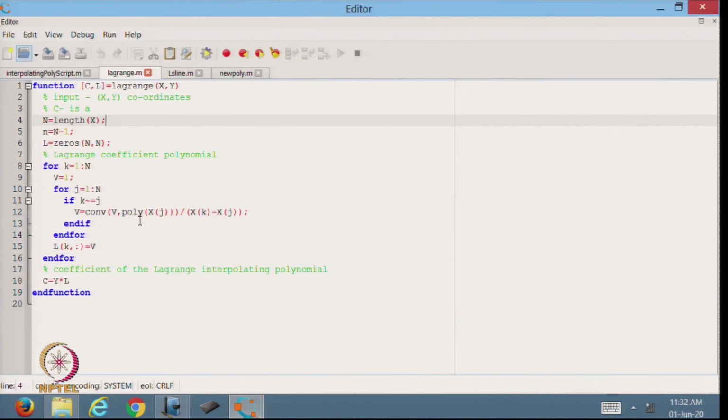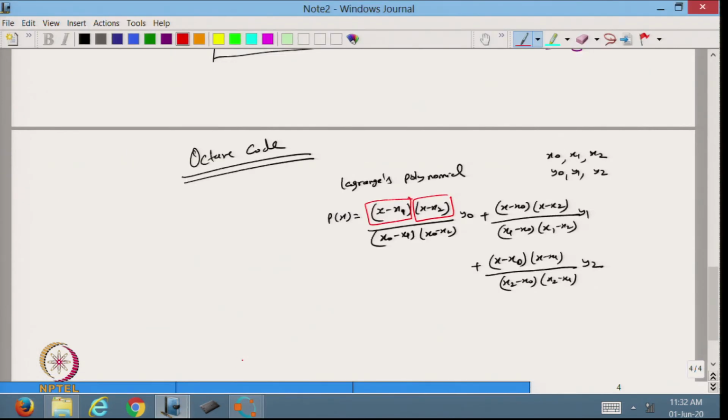I am defining the polynomial whose root is xj, when k is not equal to j, and I am multiplying this one with the v. I started with v is equal to 1 divided by xk minus xj. So I am doing this multiplication divided by xj minus xk. So that product is also what I am taking.